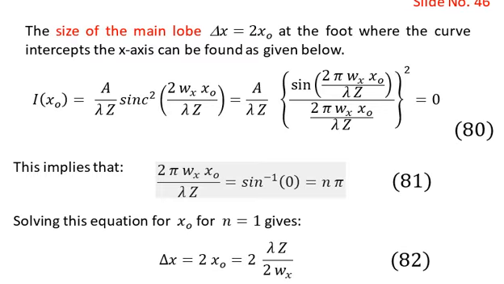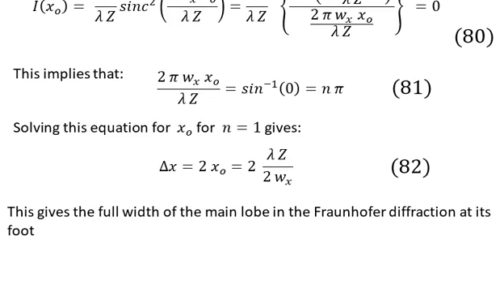And now we are using n equal to 1, so that we can find the first two zeros on either side of the center of the peak. That is, one zero on the right hand side and the other zero on the left hand side. Solving this, we have delta x equal to 2x naught equal to 2 times lambda z over 2wx.